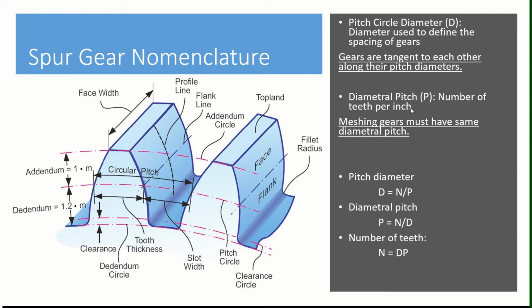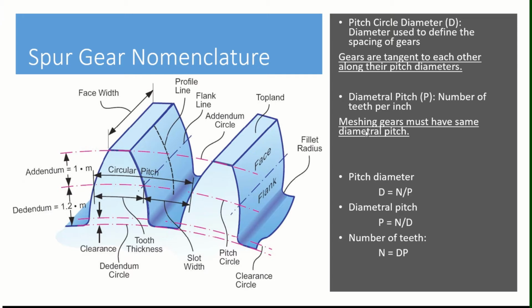And in the metric system of units, in the case of screws, we define that as the distance per thread. So in this case, the module m, which is equivalent to the diametral pitch of the inches system, is referred to as the distance per tooth, and that is basically the module in the metric system of units, which is equivalent to the pitch of the inches system of units.